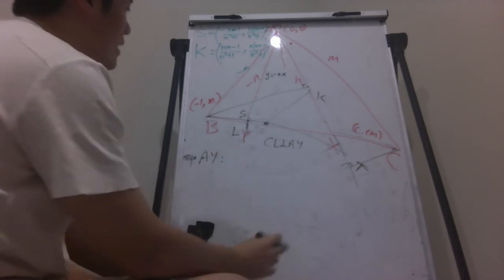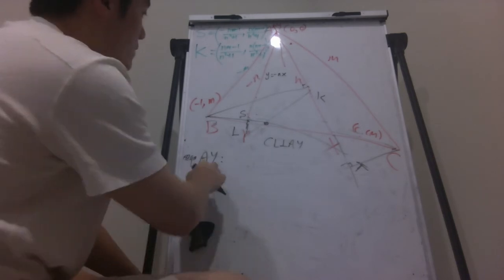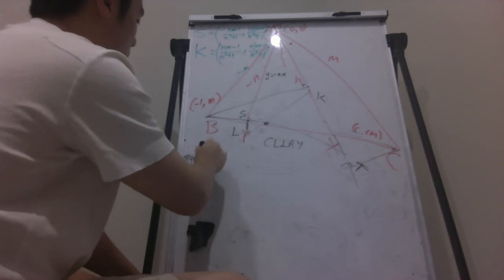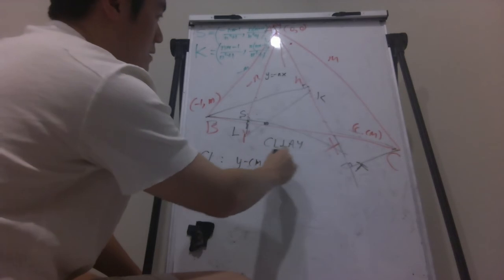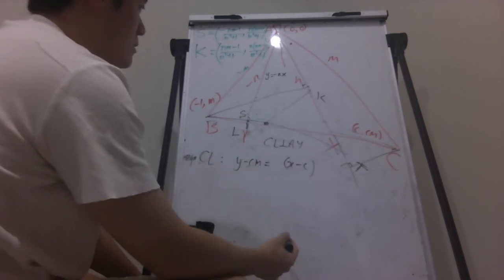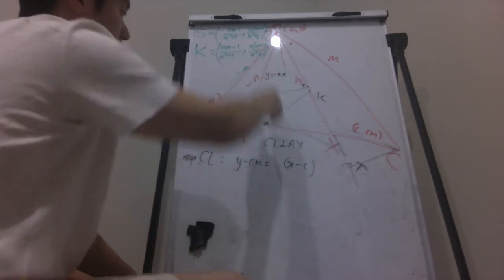Okay, so the equation of AY is obvious, right? The equation of CL is y minus cm equals x minus c, right? And the slope is perpendicular to this, so it's 1 on n.